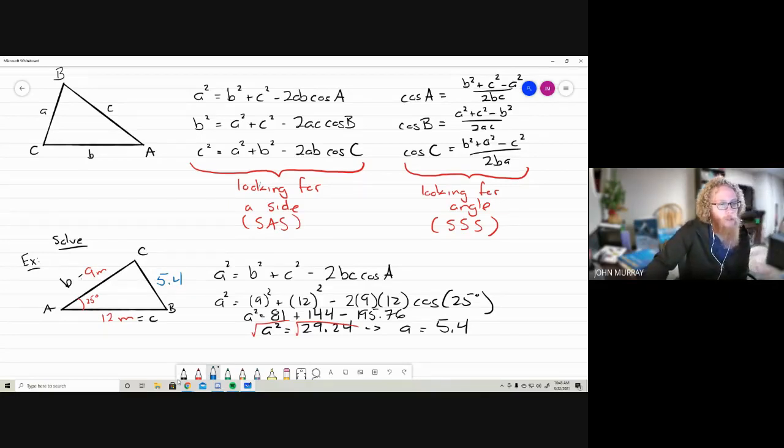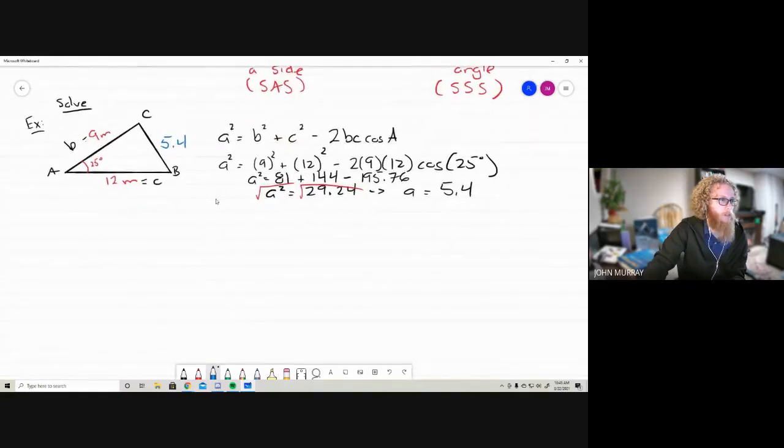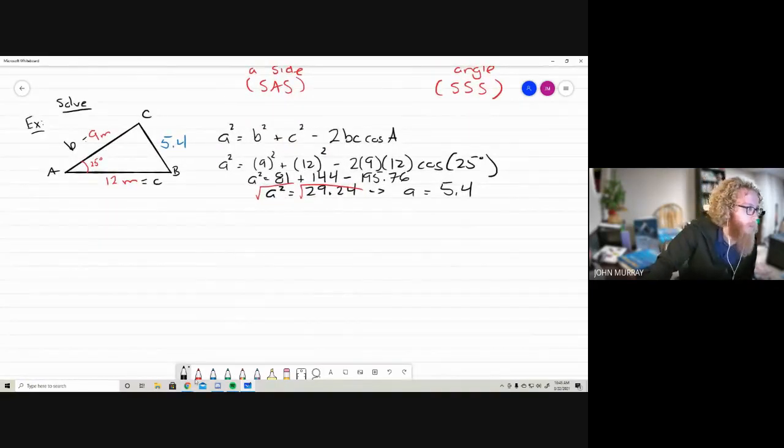Now if I want to find my angles, I could use these formulas, but they're a little complicated. I could just use the law of sines to find the rest. For angle B, I'll set up sine of 25 over 5.4 equals the sine of B over 9.